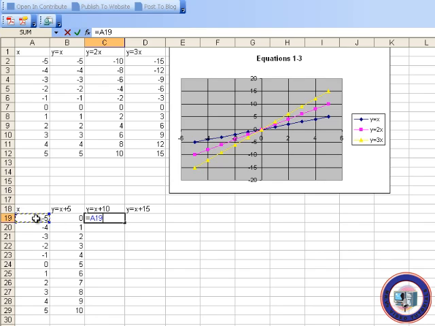Click on the x value. Plus 10. Always finish your formula with enter. Fill it down. Equals. Click on your x value. Plus 15.